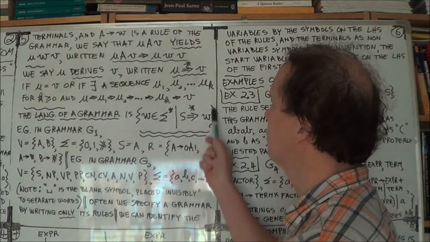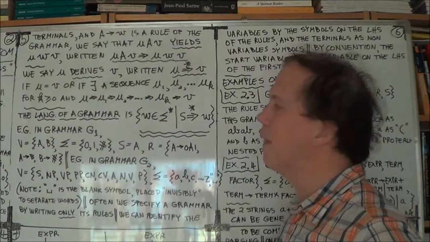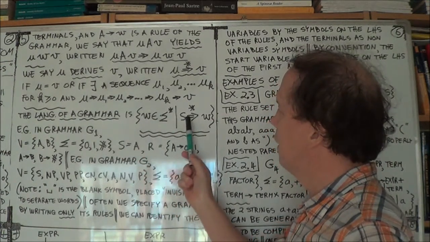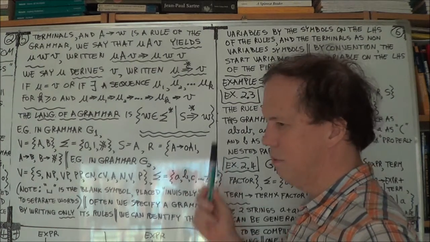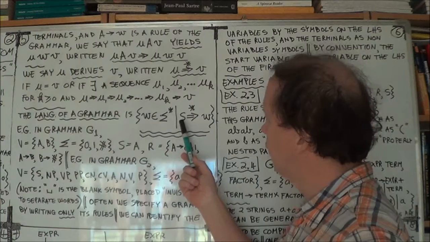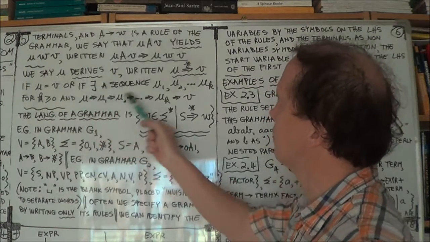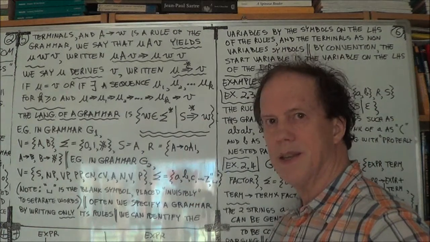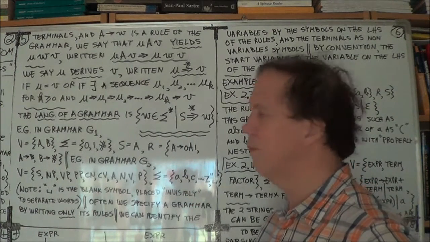Okay, does that sort of make sense? So your language is just a set of strings, and all those strings you generate from your grammar. All those strings are derived, using a sequence of derivations like this, from the starting symbol S of your grammar. Okay?